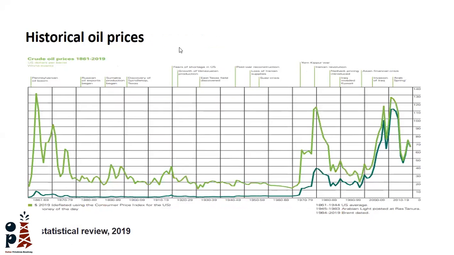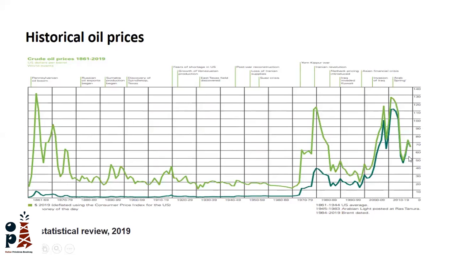So when we look at oil prices from 1970 till now, we will find that the oil price increased in 1973. Then we have a decline. Then we have an increase in 97 or 98, and another peak around 2012 to 2014.